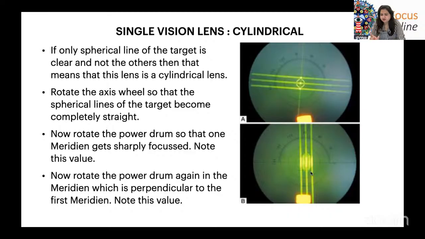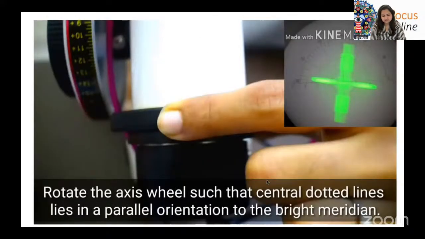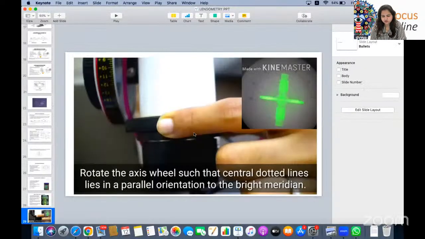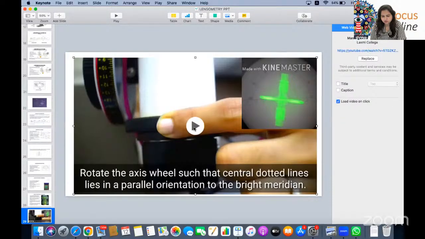Now, wherever that particular meridian is getting sharply focused, we have to note the cylindrical power of that Mire, also whatever power it is getting neutralized at. Then again, we have to focus the Mires perpendicular to it and note the value. So this is also a video which is telling how we see the power of spherical and cylindrical lens in a lensometer.